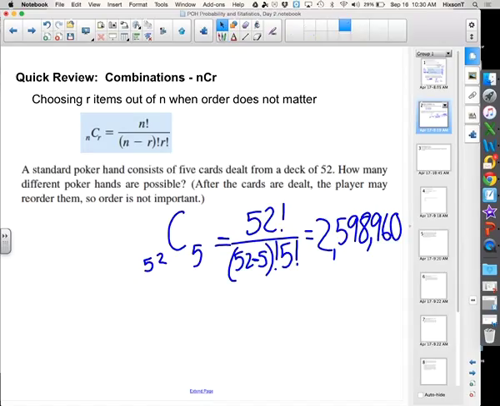Okay, I want to just introduce an idea here with these combinations. And like I said, we're just going to introduce it. We'll talk about it more on Friday.